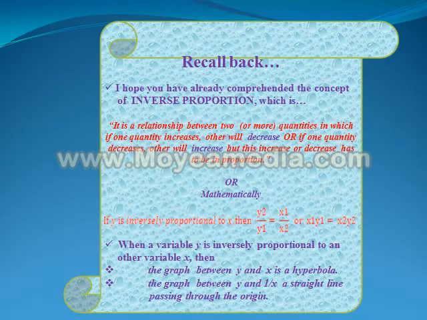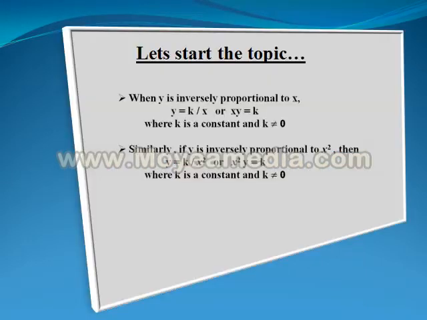You have already studied that, and now we are going to go for today's topic, which is other forms of inversely proportional relationship. Like we did other forms of direct proportion, now it's other forms of inverse proportion.